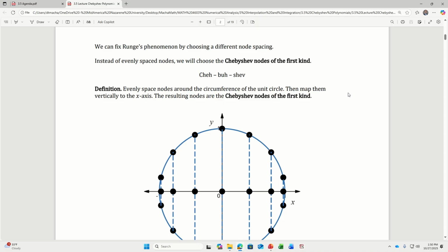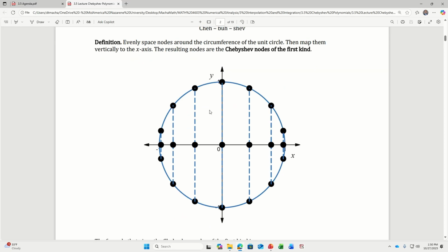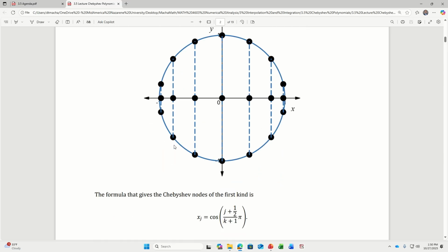The resulting node spacing is not going to quite include the endpoints of my interval, but it's going to be a little bit more dense near the endpoints and a little bit more sparse around the middle than plain linear evenly spaced nodes. And this is going to be better. But remember this: Chebyshev nodes of the first kind do not include the endpoints.